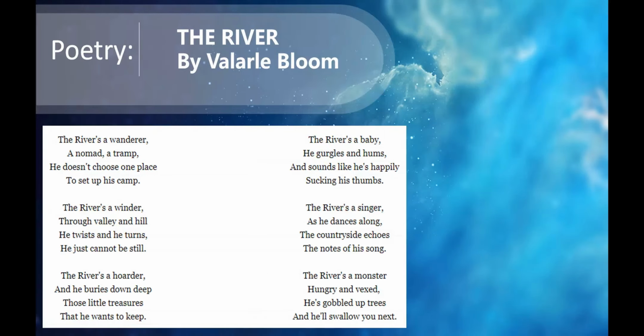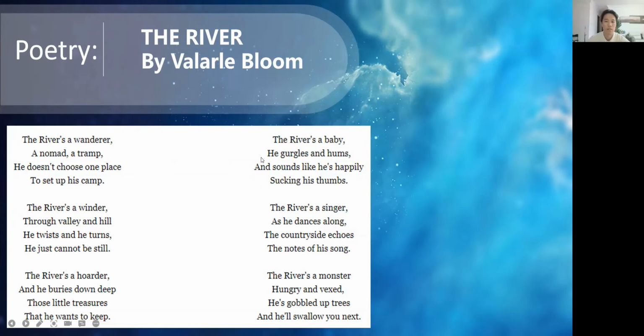So the river is like a real person, a wanderer who keeps moving from one place to the other without stopping at any particular place for long. Like a stream, the river continues flowing and never stops.